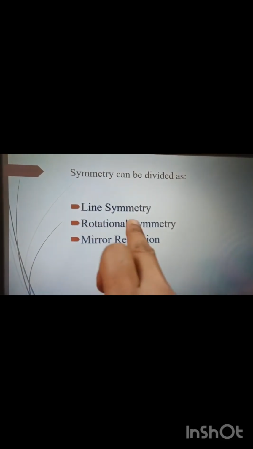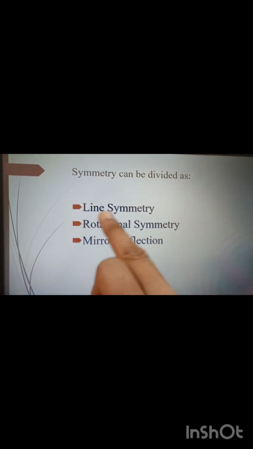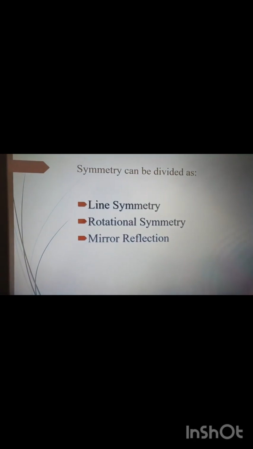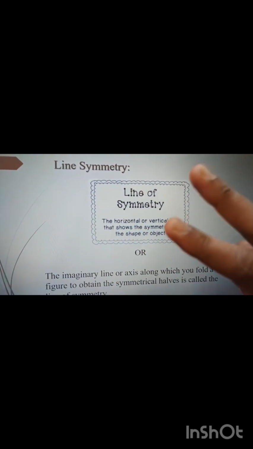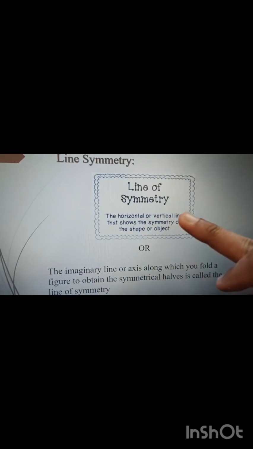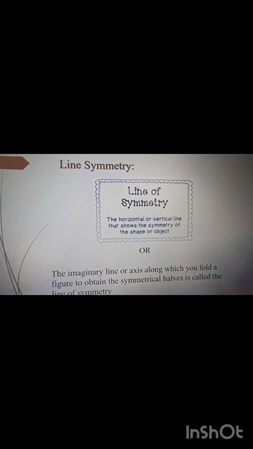So first is line symmetry. Let's find out more about line symmetry. The line of symmetry is the horizontal or vertical line that shows the symmetry of a shape or object.